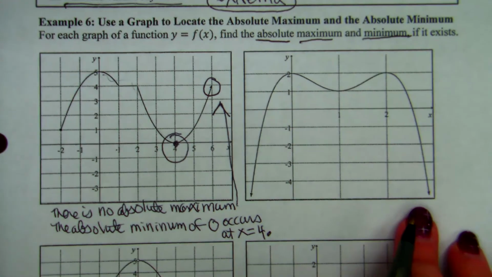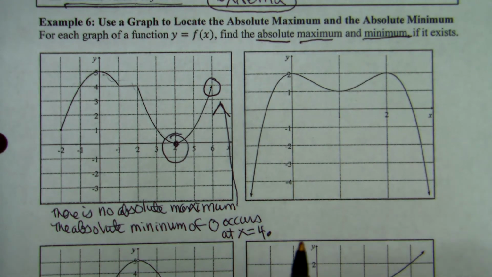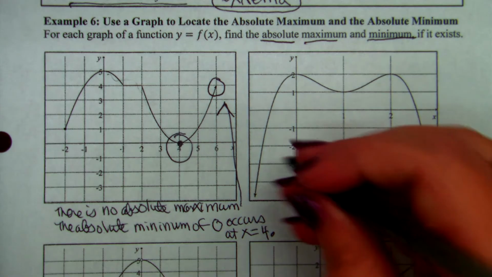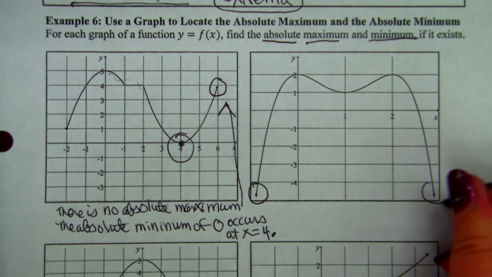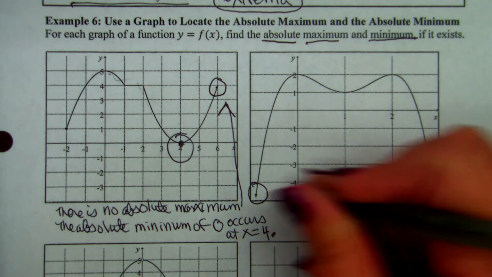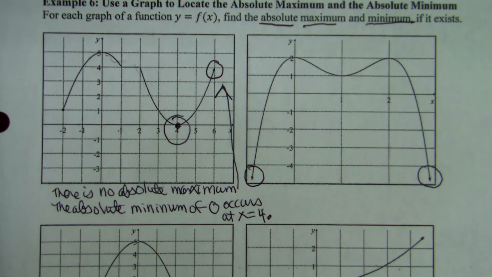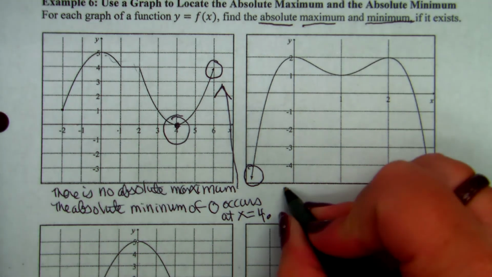Over here, there's two arrows going down, which means they're going to continue down to negative infinity. So there is no absolute minimum.